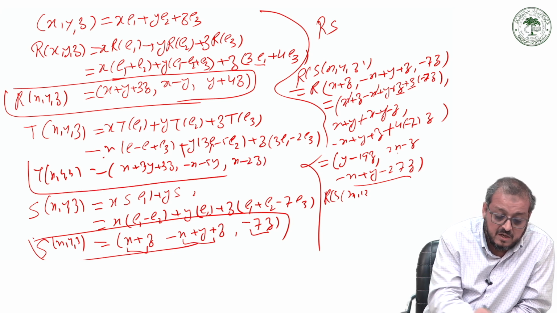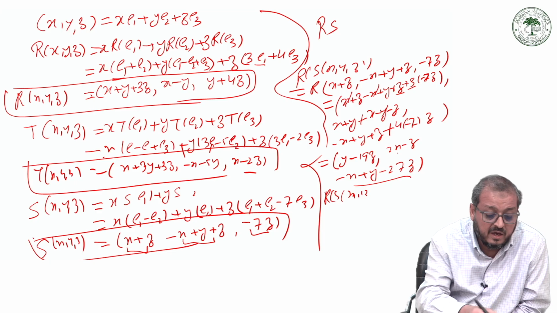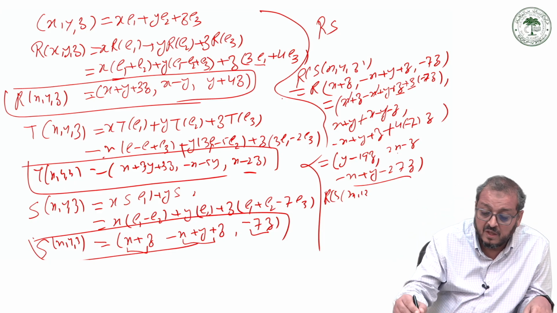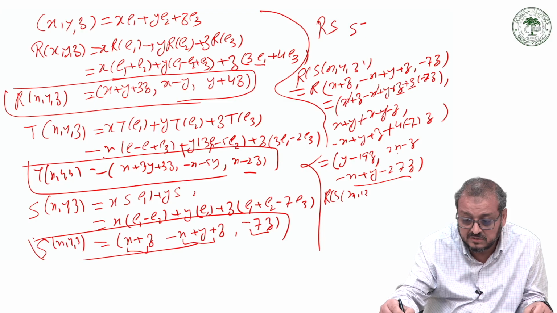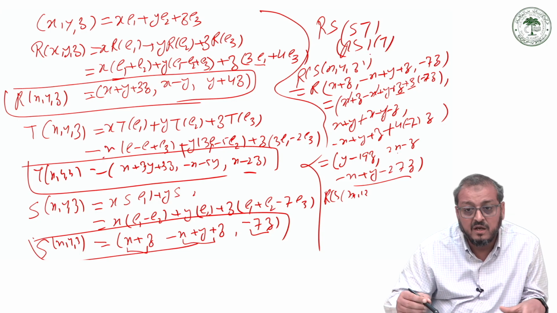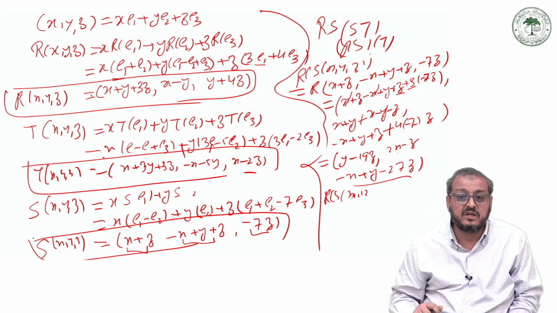This is the general formula for T or ST. Then in a similar fashion to how I calculated RS, you can calculate ST. Then for RS, you apply T here, and then you find the range of this.